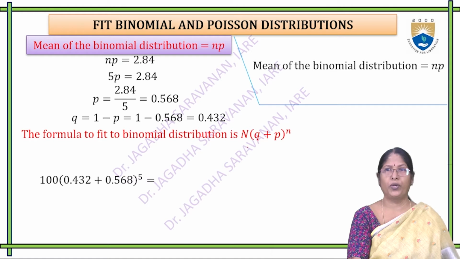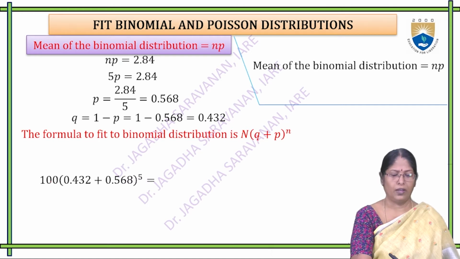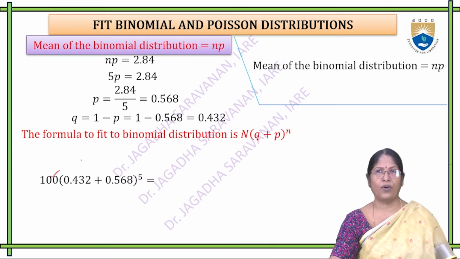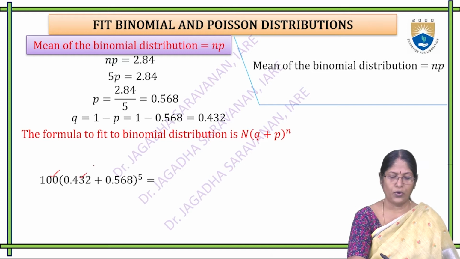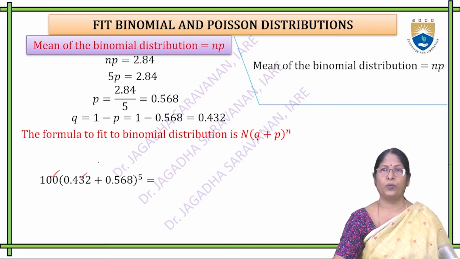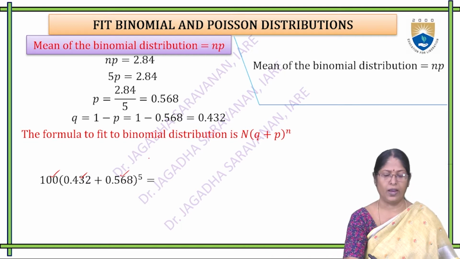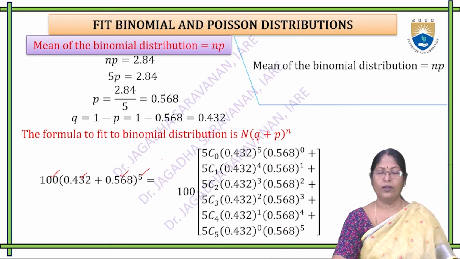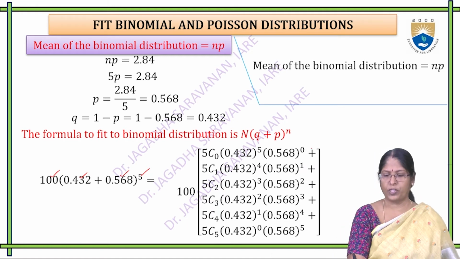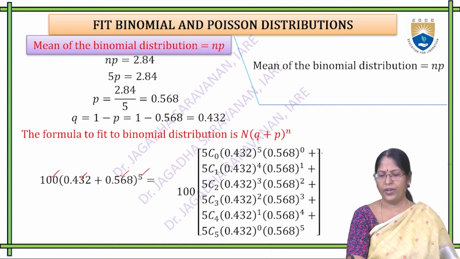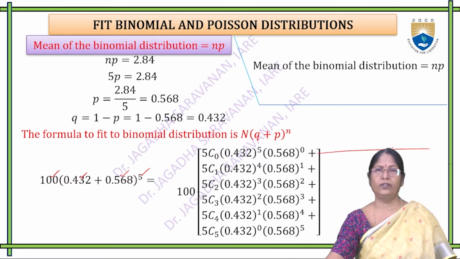So we substitute the data: N is 100, Q is 0.432, P is 0.568 and n is 5. We do the binomial expansion. Here, because of space, it is written compactly, but we can write it continuously like this.